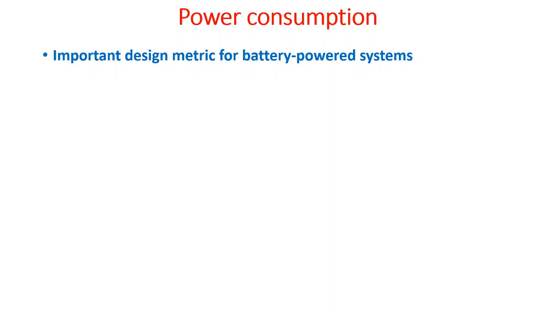Our embedded system products are of two types. One is battery powered, and the other uses AC, the direct 230 volt supply, converted into DC.